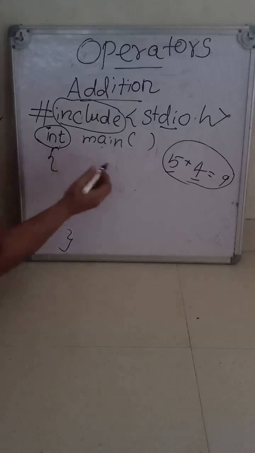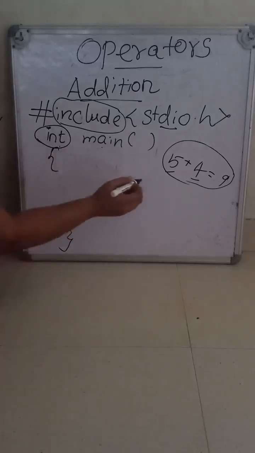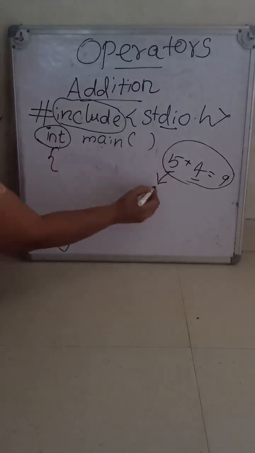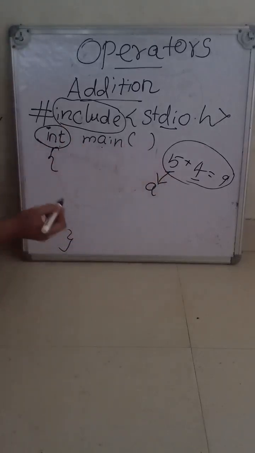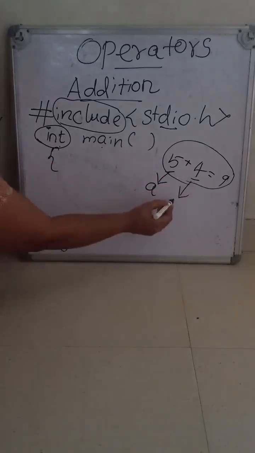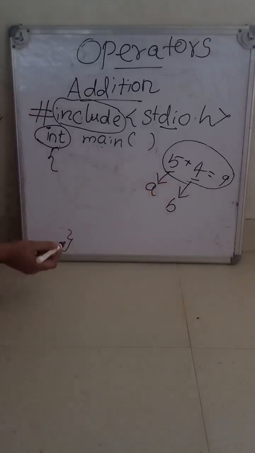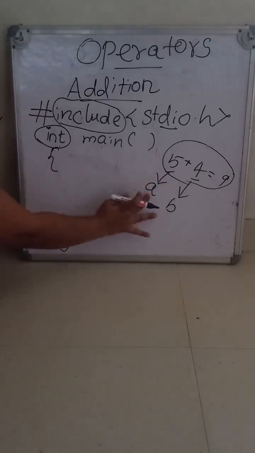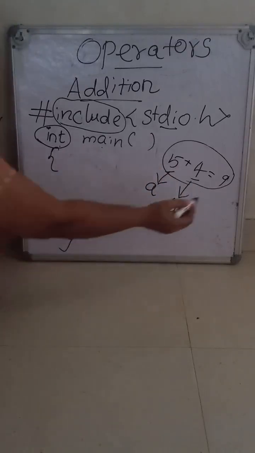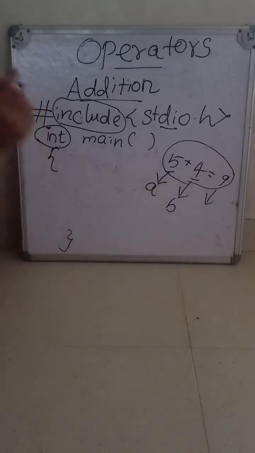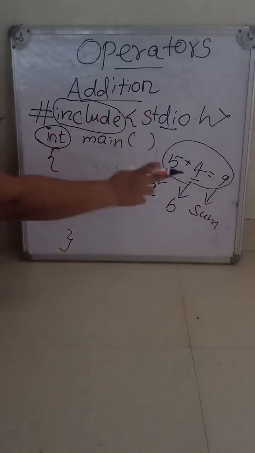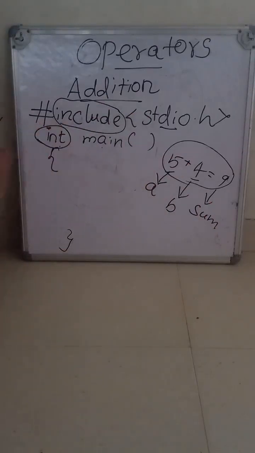Okay, so what I have to do is consider this 5 as one value stored in a variable called A, and 4 as another value stored in a variable called B. So I am using two variables for reading the input, and another variable, sum, for storing the value of 5 plus 4.